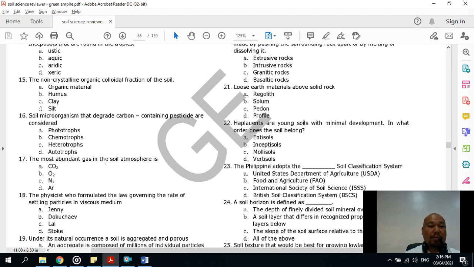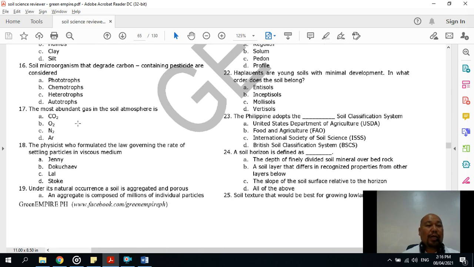Correspondingly, if we talk about the soil atmosphere, the most abundant should also be nitrogen, because the air in the soil is the same air as in the atmosphere. Although CO2 is slightly higher, because we have microorganisms in the soil that produce CO2 and it does not diffuse as easily as in the atmosphere.